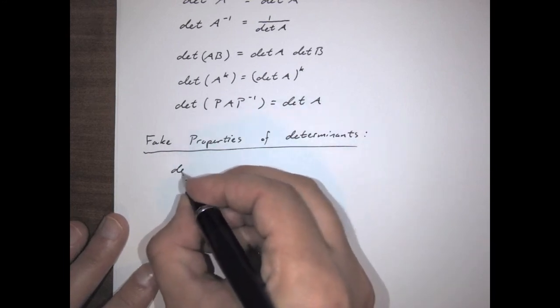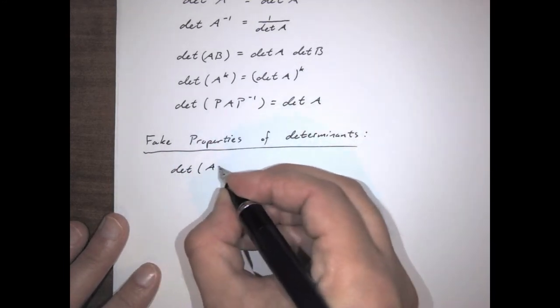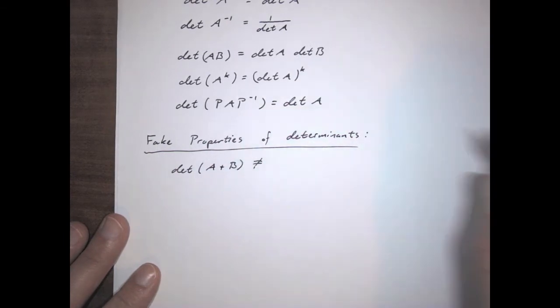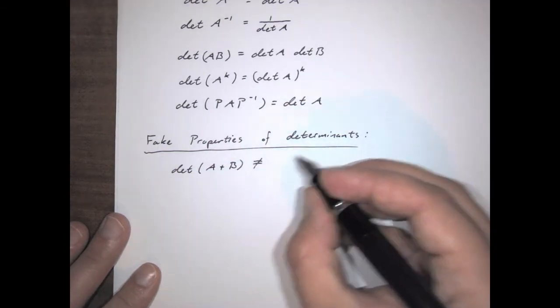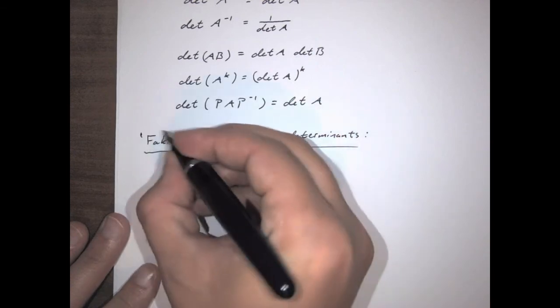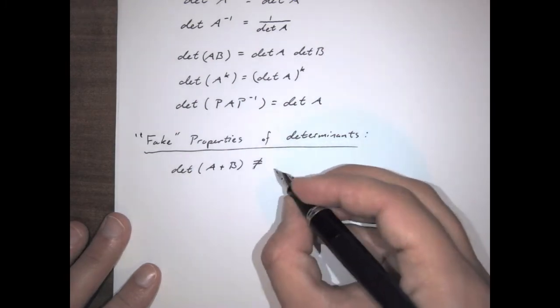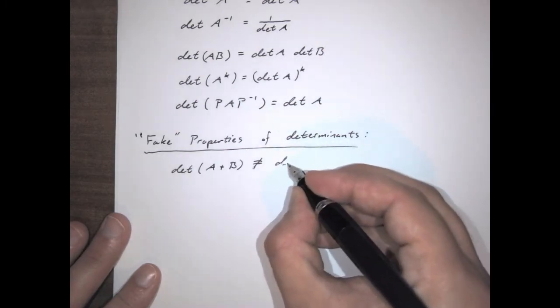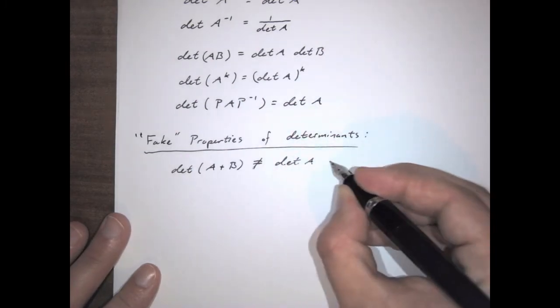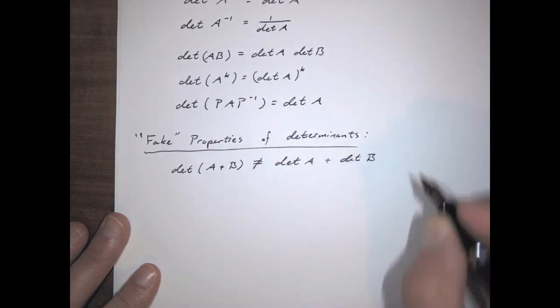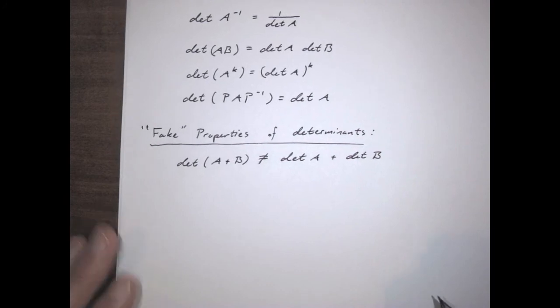So the determinant of A plus B is not equal to the determinant of A plus the determinant of B, which means that the determinant is not a linear transformation.